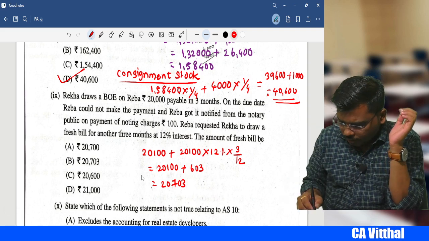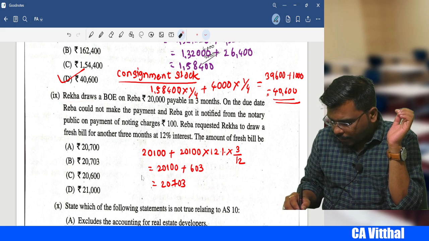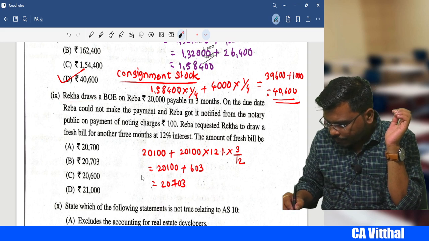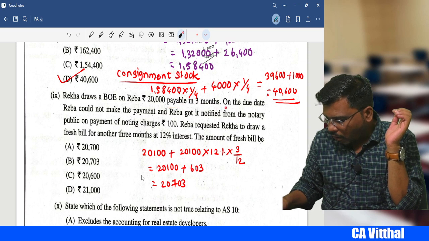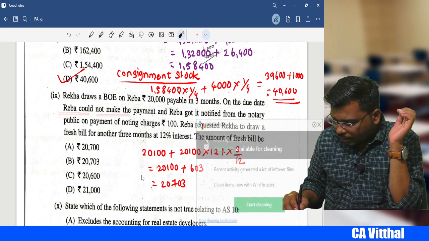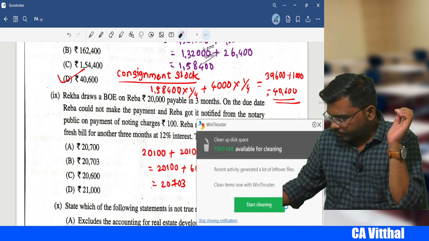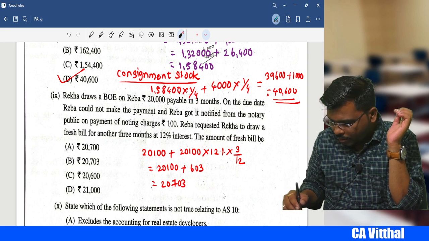What is the next one, sir? Rekha drew a bill of exchange on Riba for 20,000 payable in 3 months. On the due date, Riba could not make payment, right? And Riba got it noted from the notary public on payment of noting charges.